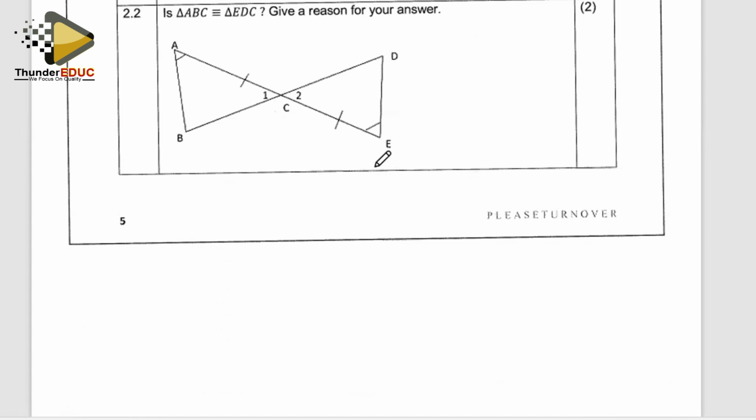All right. Then 2.2 is ABC with those three lines. So those three lines simply represent what we call congruent. Okay, congruent is a scenario where shapes are identical, exactly the same.